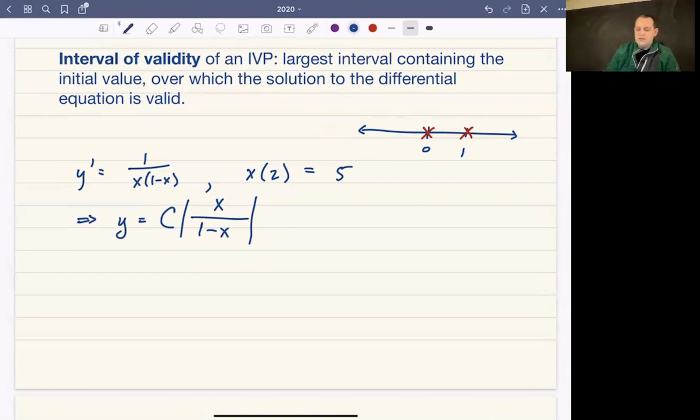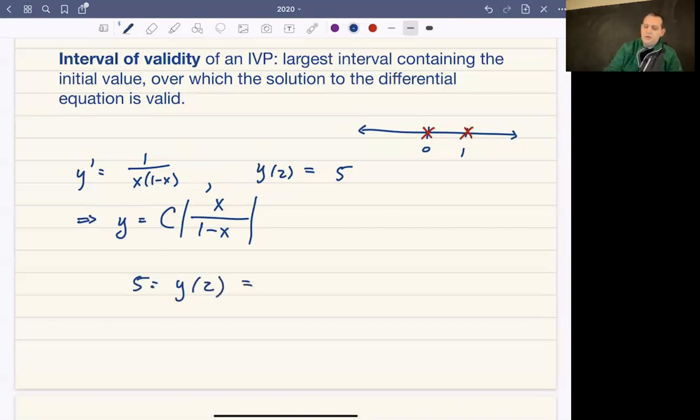So we could solve this explicitly if we want. We know that y of 2 should be 5, meaning that when we plug in 2 for x, we should get 5 for y.